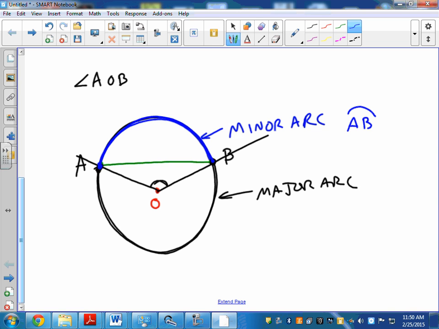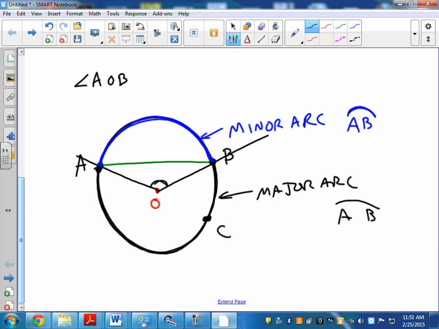And we actually put a curvy piece on top. That's the minor arc. If we want to discuss the major arc going around the long way, we can't use AB again, because that's our minor arc. So we need one additional point, and it could be any point on the arc down here.